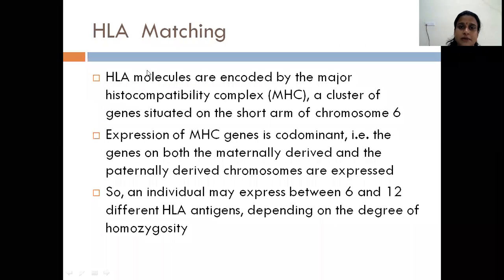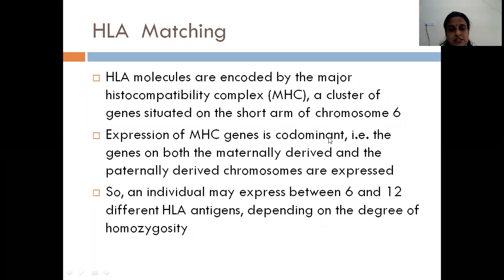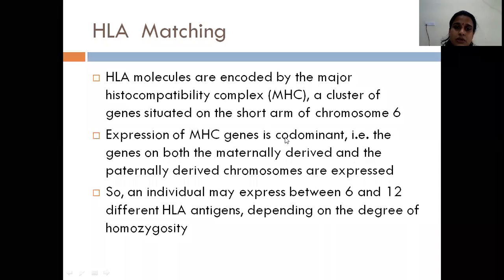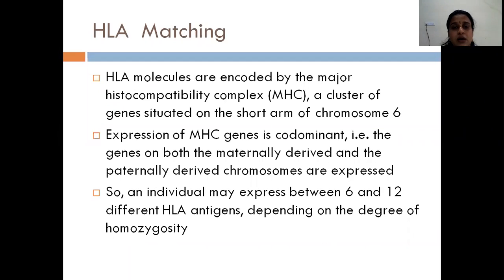Yeah, so the next topic is HLA matching. These HLA molecules are coded by the MHC complex that is situated on the short arm of chromosome 6. Now this expression is codominant, that is, genes on both the maternal and the paternal chromosomes are all expressed.